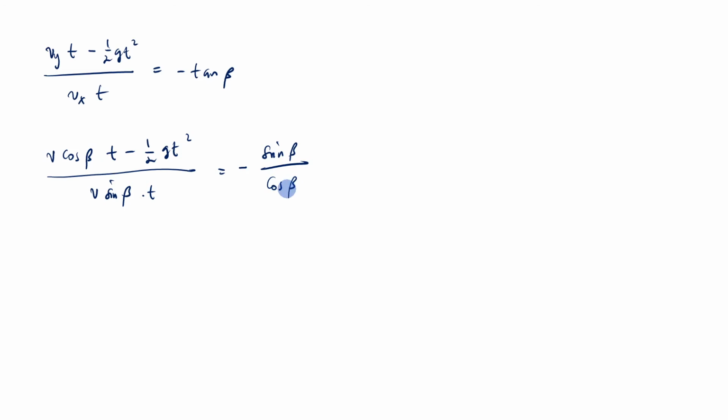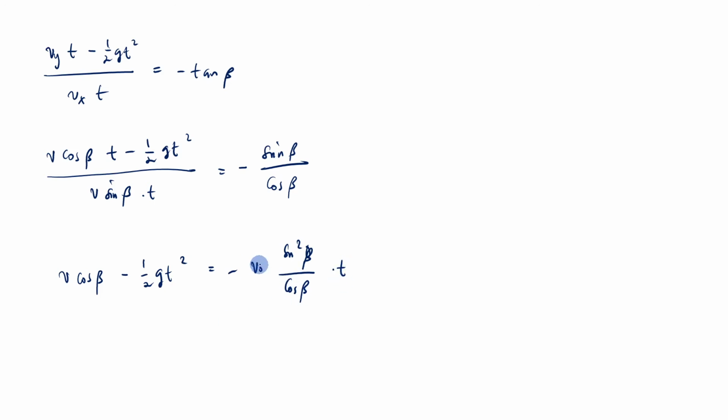Okay, and we can move this term to the right side, and we get V cos beta minus 1/2 g t square equals minus V sin beta square divided by cos beta times t.